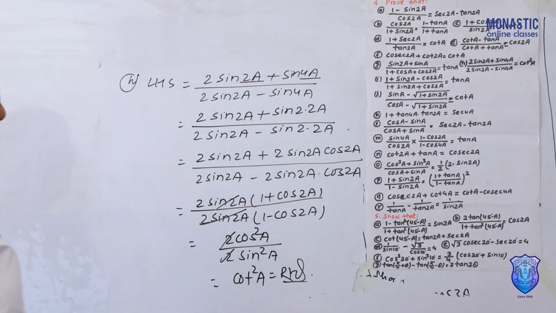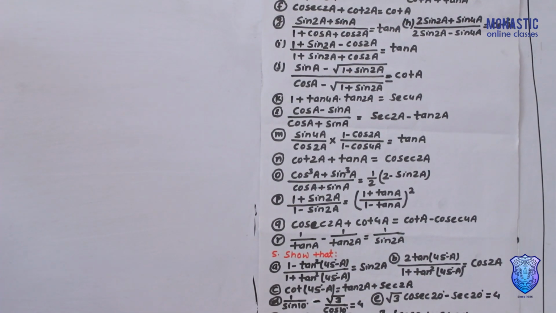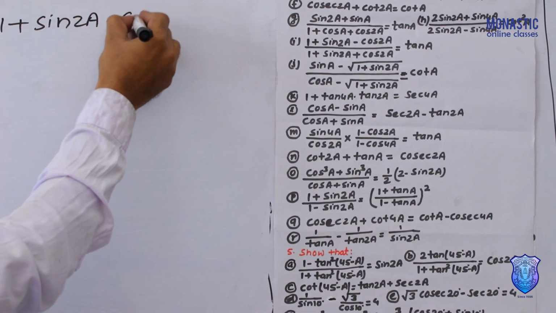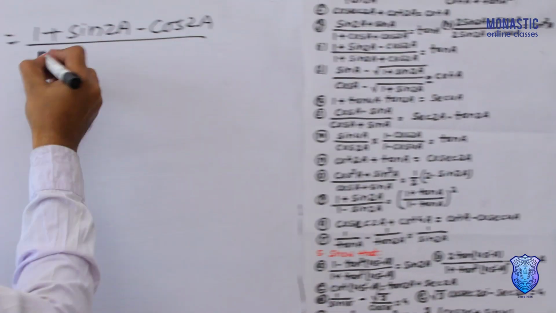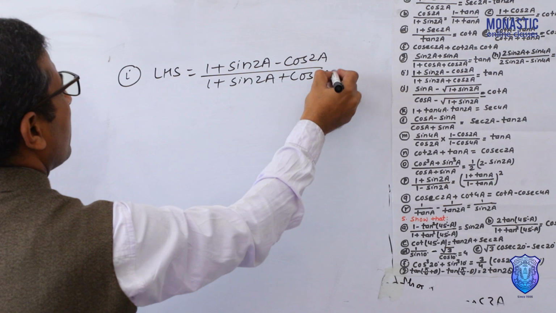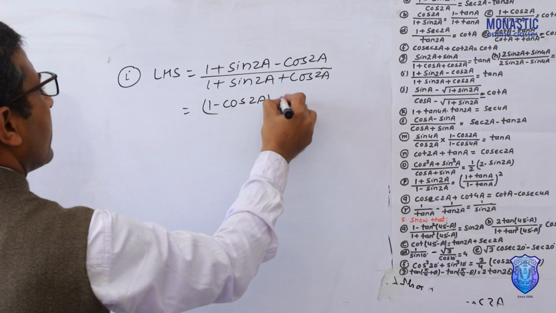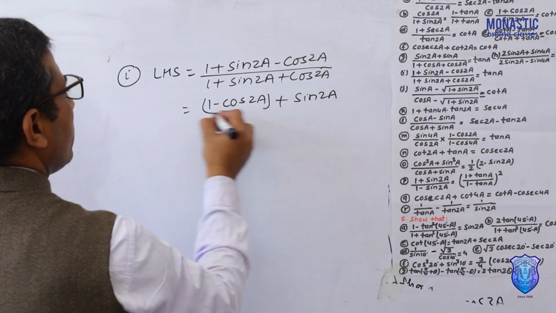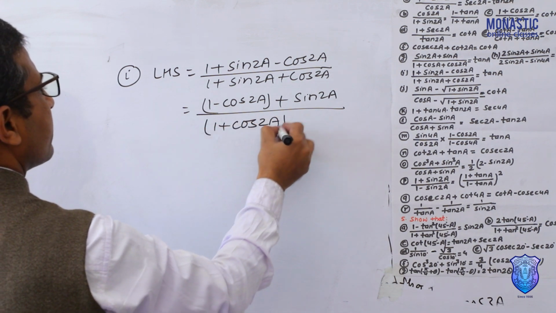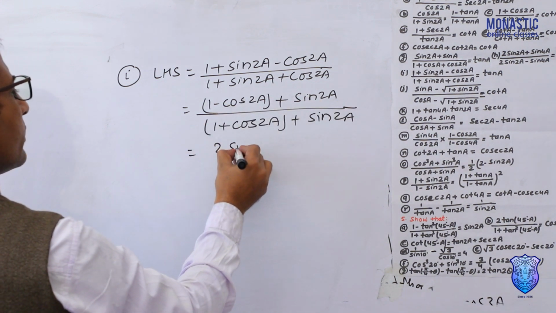In question number I, 1 plus sin 2A minus cos 2A by 1 plus sin 2A plus cos 2A. Either we can group these two so that we can write the formula directly, or we can use the formula of cos 2A so that one can be cancelled. What's the formula of 1 minus cos 2A?